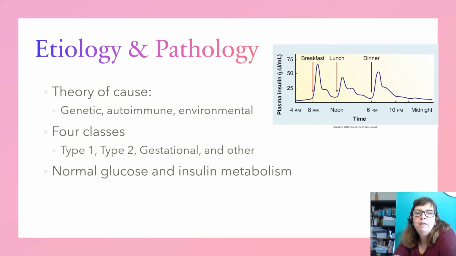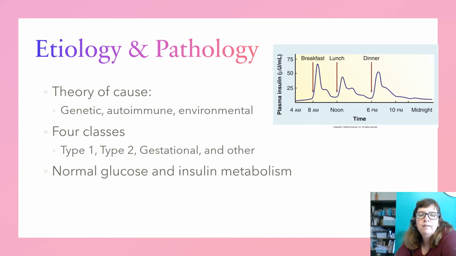The American Diabetes Association recognized 4 different classes of diabetes. Type 1, or we used to call that juvenile or insulin dependent. Type 2, which is adult onset or non-insulin dependent. Gestational, which occurs during pregnancy. And then there's another cause that is sometimes related to illness.